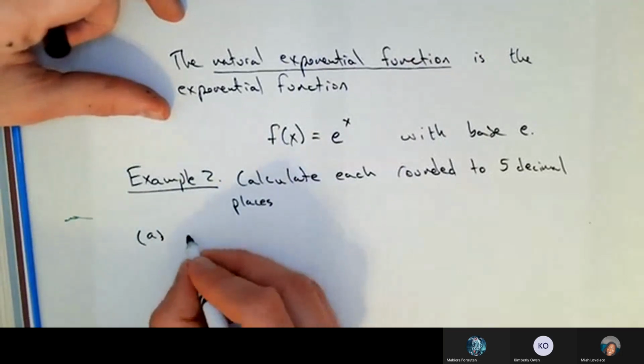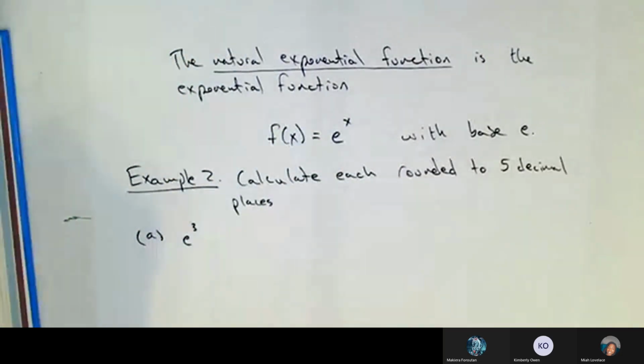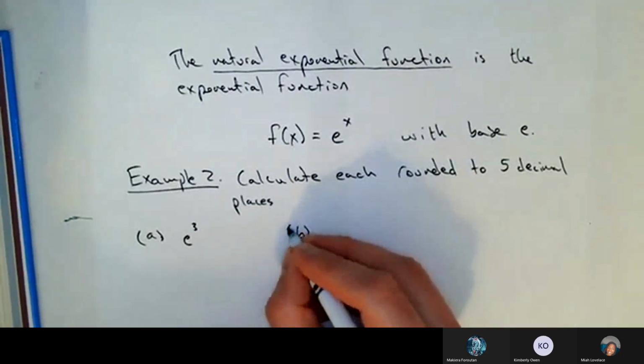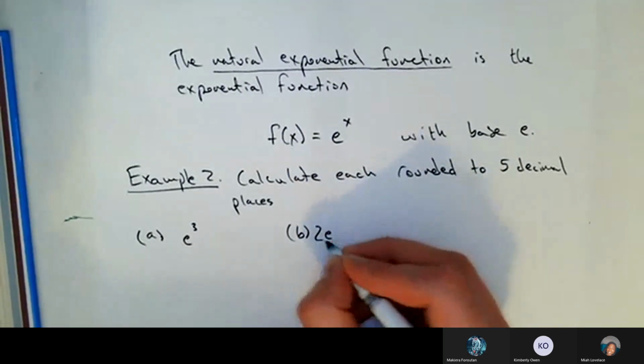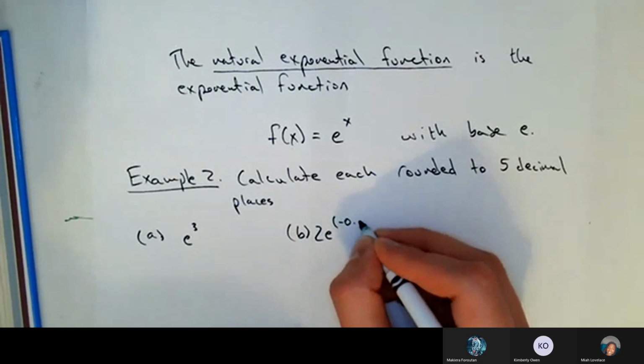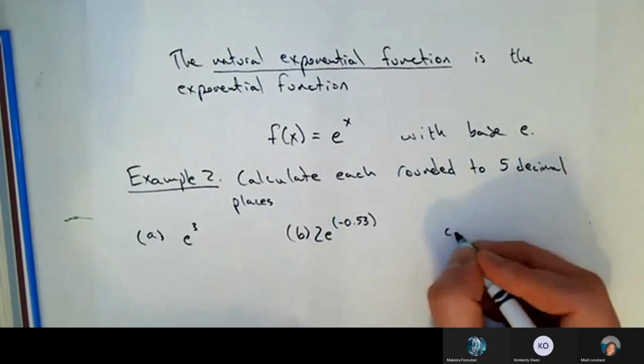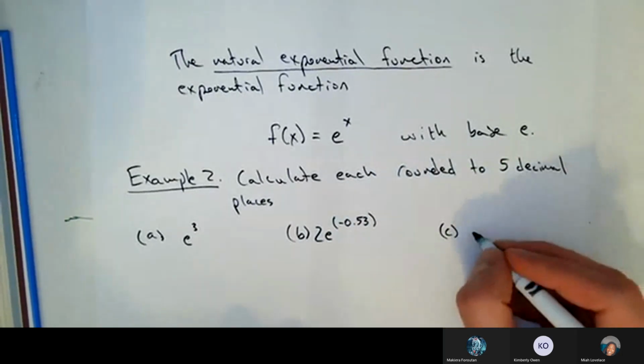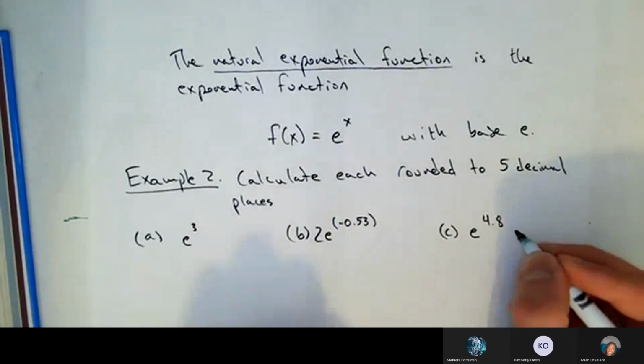Part A, let's calculate e cubed. And part B, I'll go ahead and write down all the parts here. e squared times e to the negative 0.53. And part C is e to the 4.8.